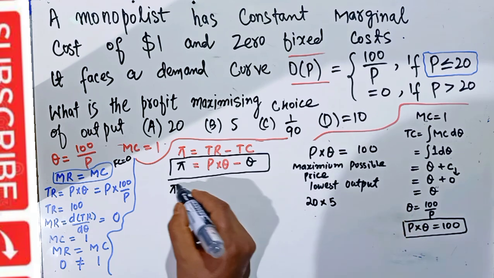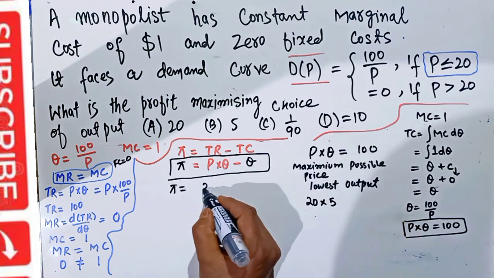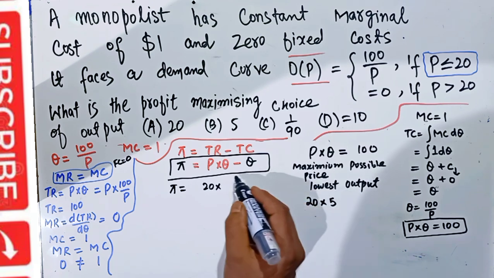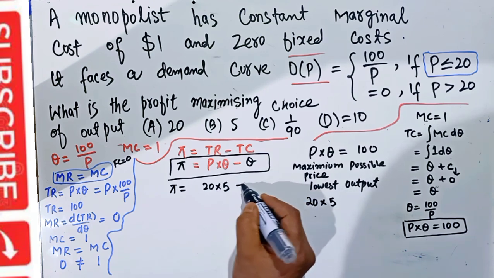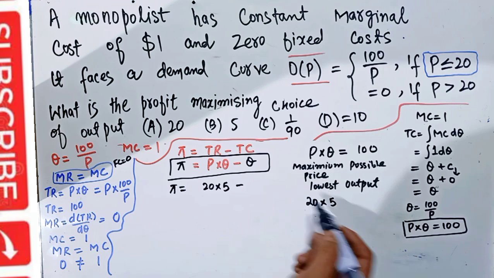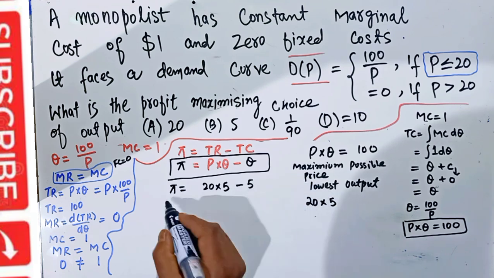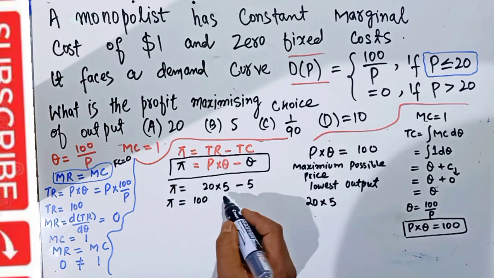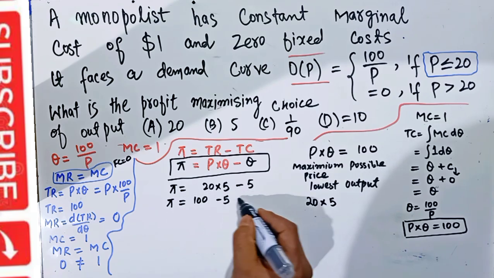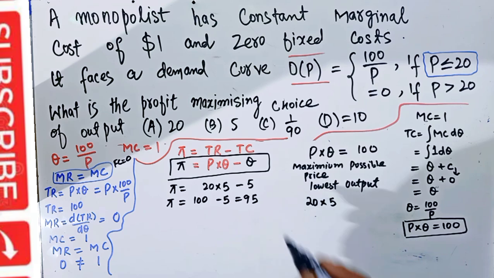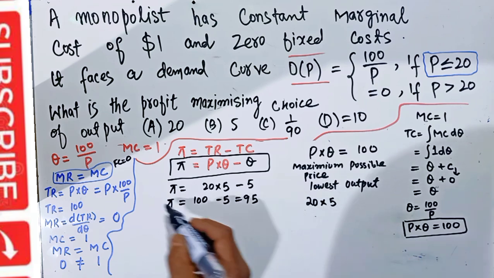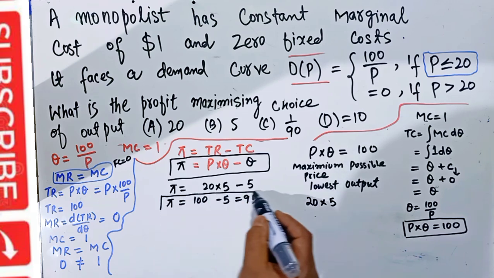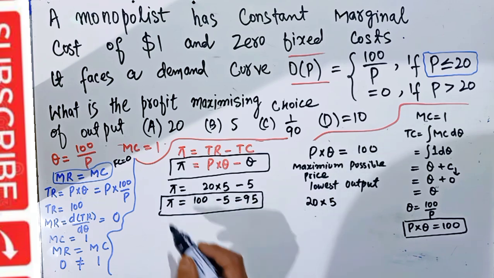So profit will be equal to P, 20, into Q, 5, minus total cost, which is q, so in place of q again we have 5. So profit is equal to 100 minus 5, which comes out to be 95. When the monopolist is charging the highest possible price, the profit for the monopolist is 95.